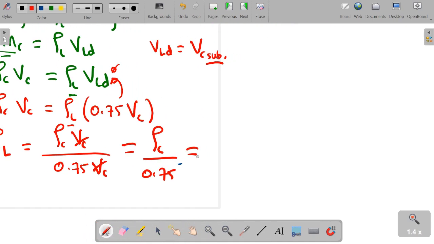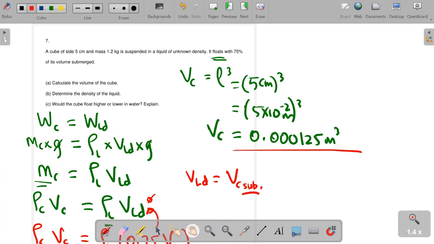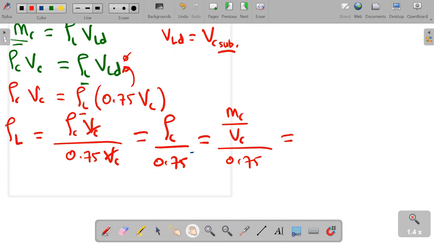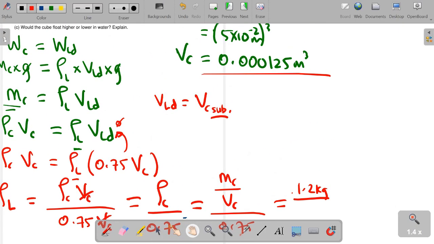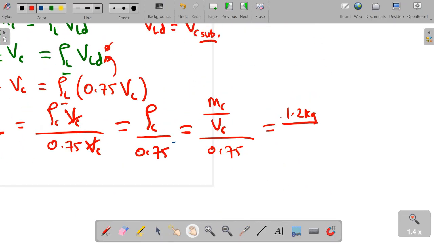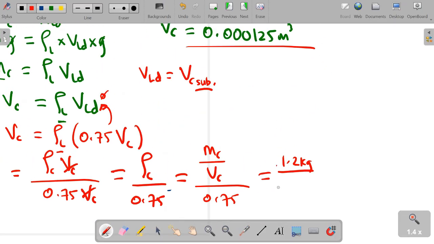It will be the mass of the cube divided by the volume of the cube, divided by 0.75. The mass of the cube is given here as 1.2 kg, divided by 0.000125 cubic meters, and this divided by 0.75.